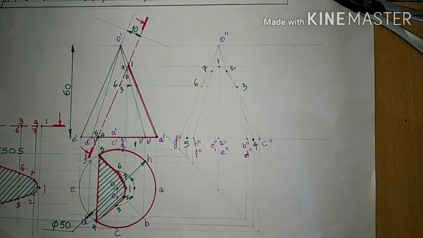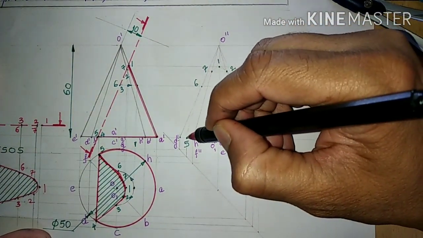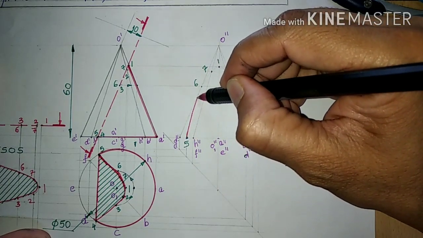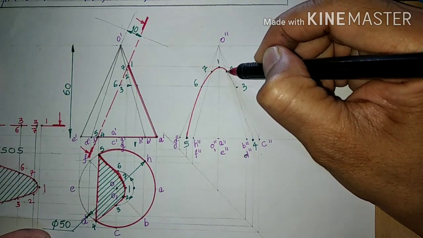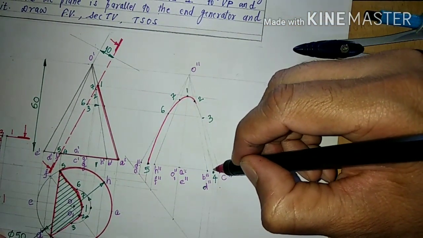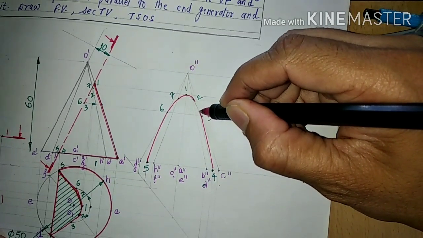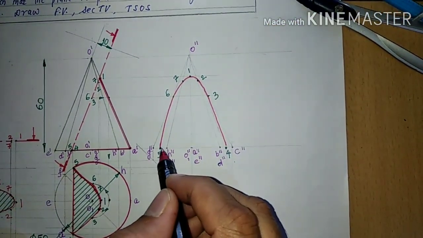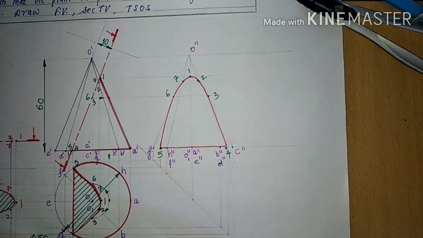We'll connect all these points by a visible dark line. And base is between 4, 5.